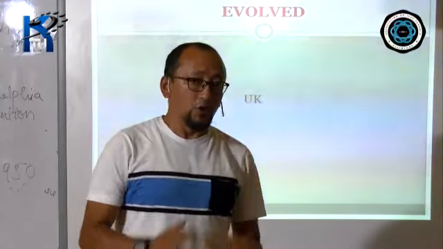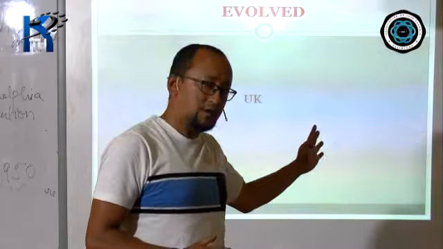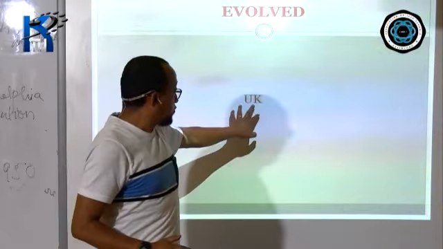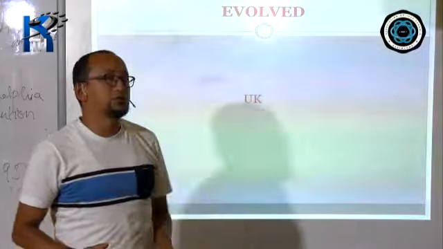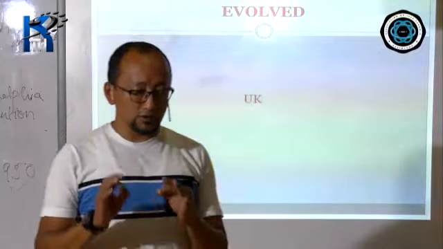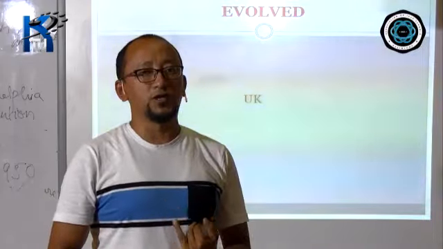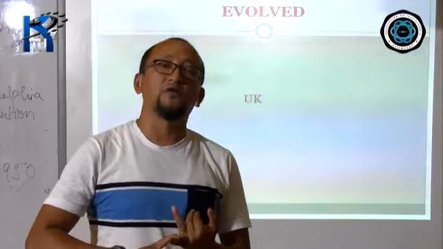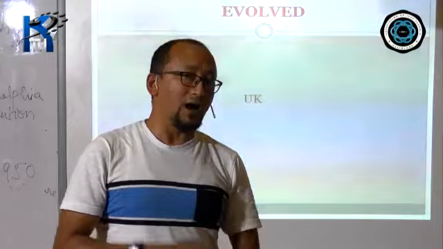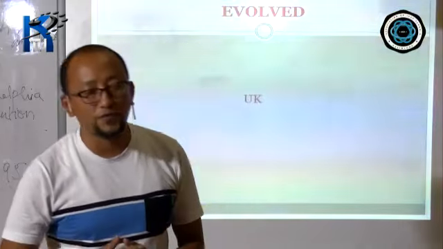And primarily, we refer to UK, okay? Why do we say UK has an evolved constitution? For one reason. Because in UK, we have an unwritten constitution, and most of the things in UK are governed through conventions. Conventions are unwritten rules, or unwritten maxims of the constitution.